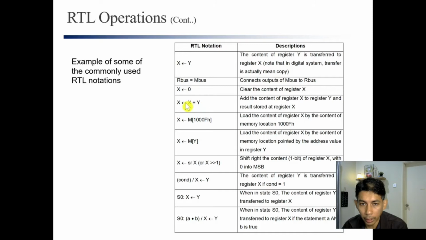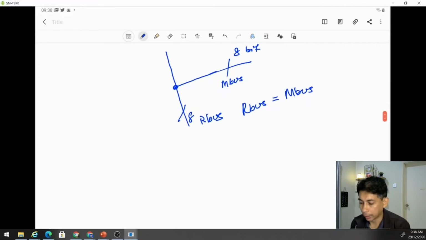What if we want to add the content of register X to the content of register Y, and the result of this add operation is saved in register X? It will be something like this.